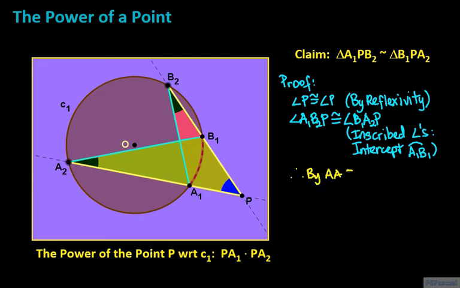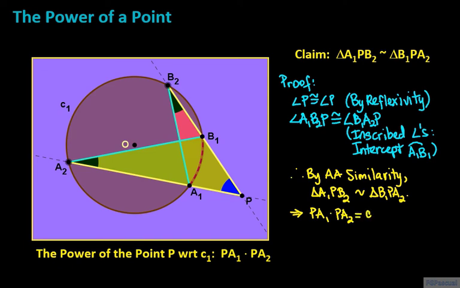Therefore, by AA similarity, triangle A sub 1P B2 is similar to triangle B1P A2. And it follows that PA1 times PA2 is a constant that depends only on the point P and C sub 1.